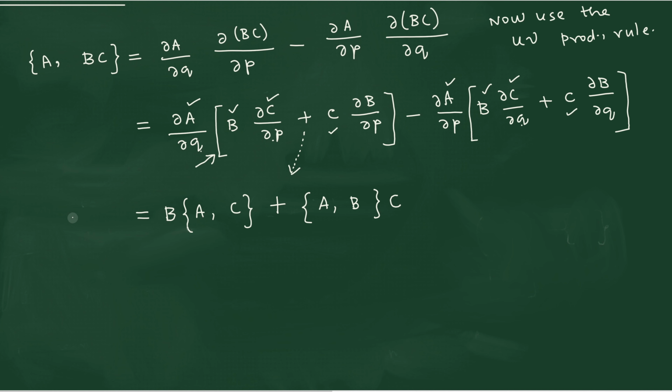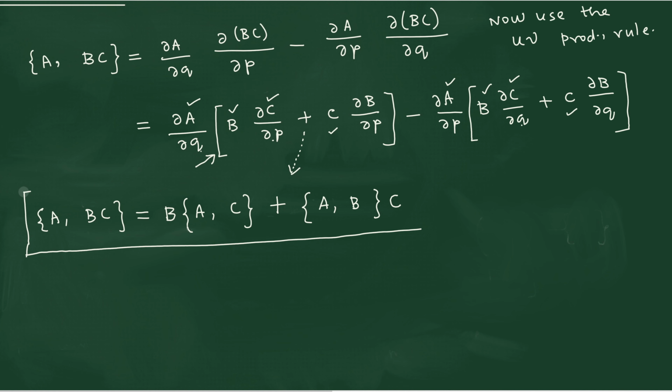Our conclusion therefore is that the Poisson bracket between A and the product BC is given by this kind of expression. We are not going to give a new name for that, but instead we give the same name, product rule. Because the UV product rule for differentiation is what is being used, and therefore this particular equation also we will call a product rule.